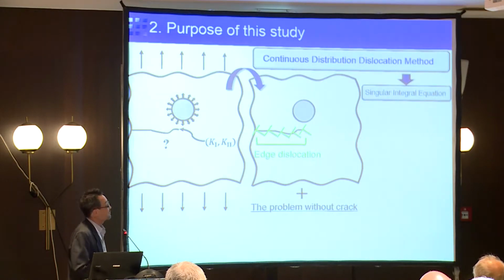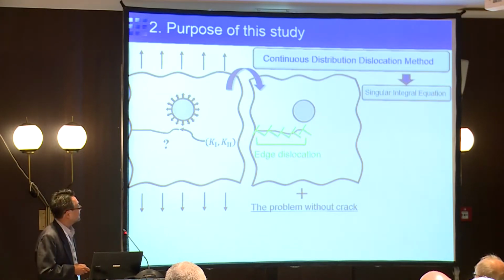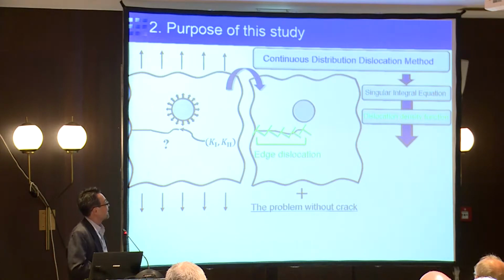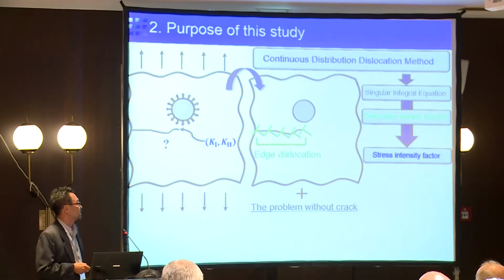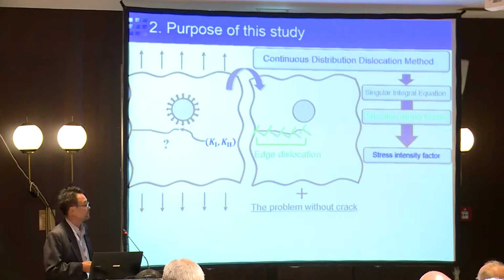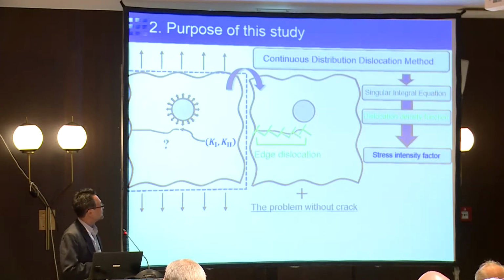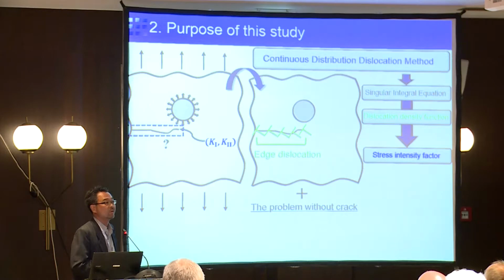By formulating this problem, we have a singular integral equation. By solving this singular integral equation, we have a dislocation density function. Using that, we can evaluate the stress intensity factor, and also predict the crack propagation geometry.